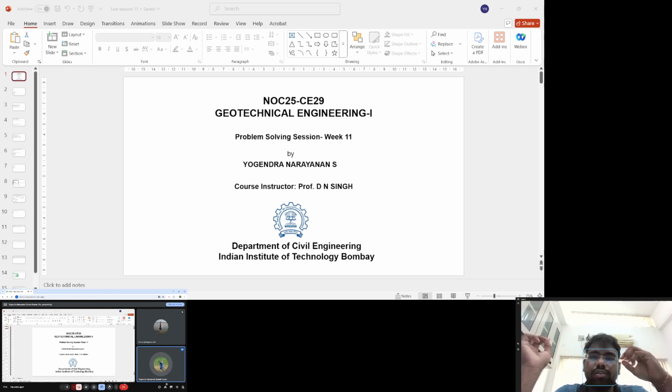Today, to give a brief overview of the contents covered in the previous week: the concept of time dependent deformations as well as the compressibility characteristics of soils has been introduced, and the terminologies and properties which govern the compressibility of the soil have been discussed, as well as how to compute the immediate and final settlements.